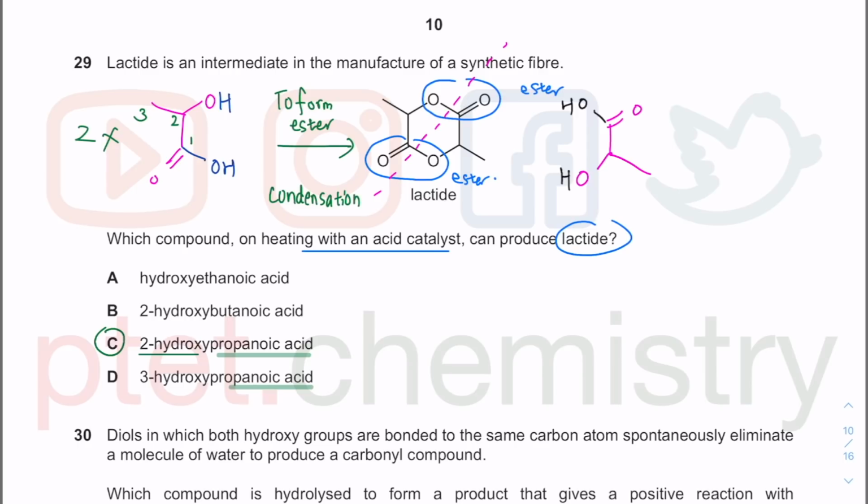The syllabus never mentioned esterification. Instead, they mentioned condensation reaction. They don't say esterification, they say condensation, not esterification. When you form this ester, you kick out H2O. When you form the other ester, you kick out the other H2O there.